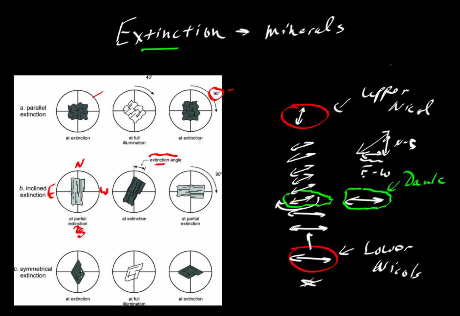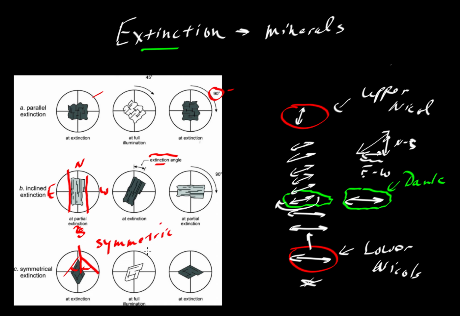And then we could do the same thing with minerals that have two directions of cleavage. This guy had just one prominent direction of cleavage here, but let's say you have two directions of cleavage, one there and one there. We can measure the extinction angles, and if the mineral goes to extinction as that angle is bisected, where this angle is the same as that one, then we would say that it has symmetric extinction.